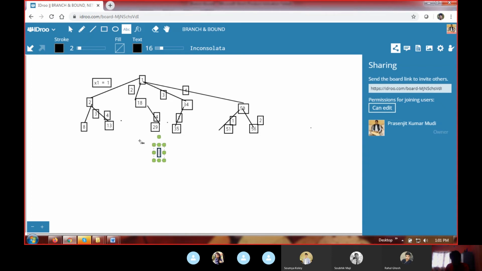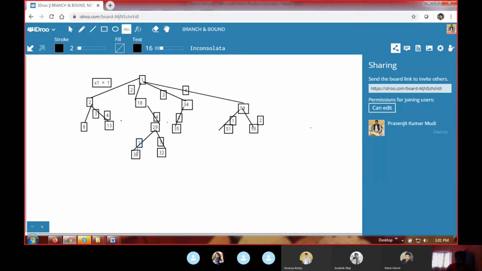One is, let's say, 32, another is, let's say, 30. 30 and 32 correspond to x3 equal to 2 and 4, which were used, so it should be 1 or 3. So 2 4 1.